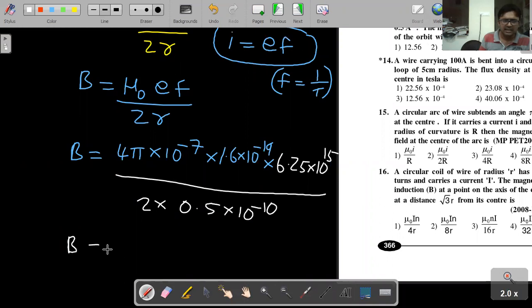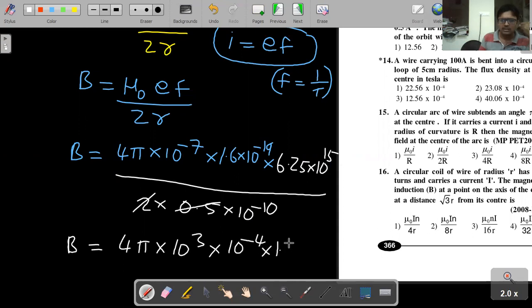So finally I can write like this. Here 2 and 0.5 will be cancelled. 10 power minus 10 will go to the numerator. 4 pi into, it will become plus 10. So first, 10 power 10 into 10 power minus 7 I can write as 10 power 3. And 10 power minus 19 into 10 power plus 15 means 10 power minus 4.